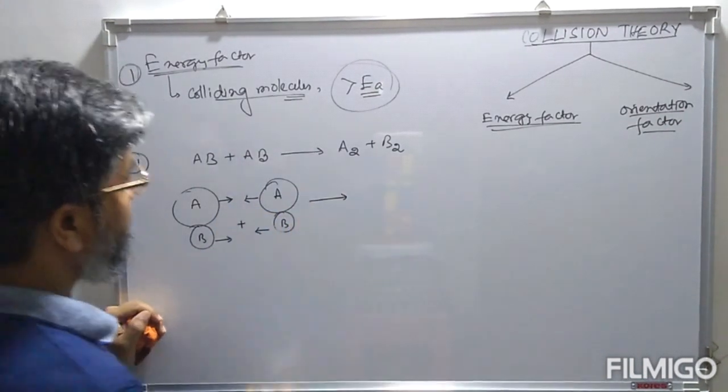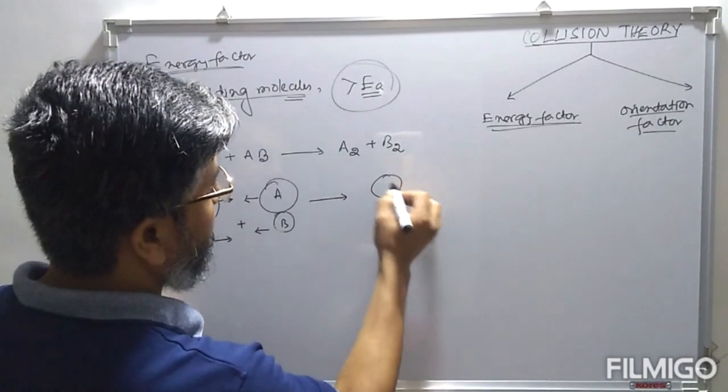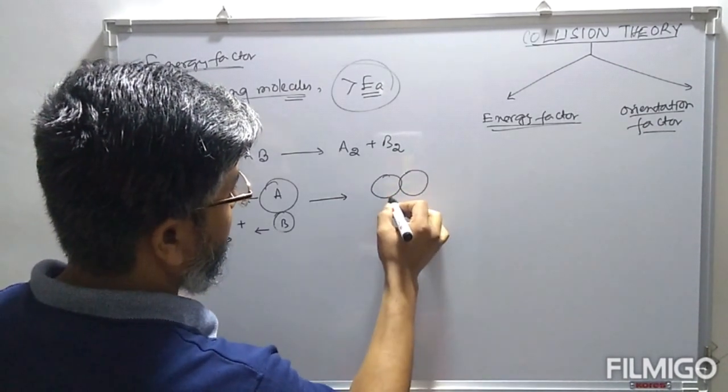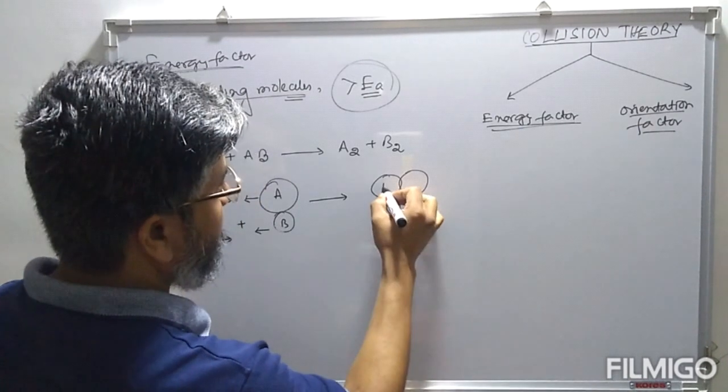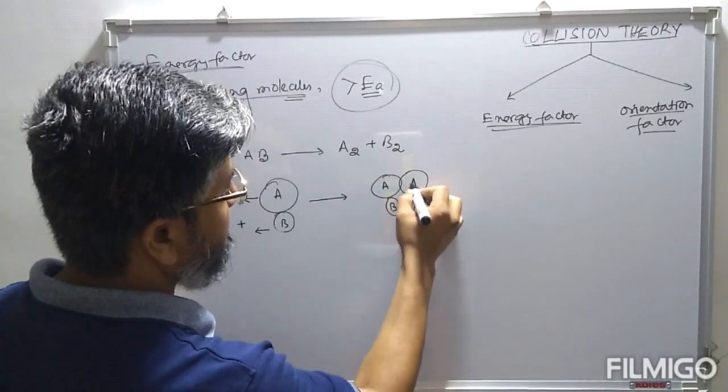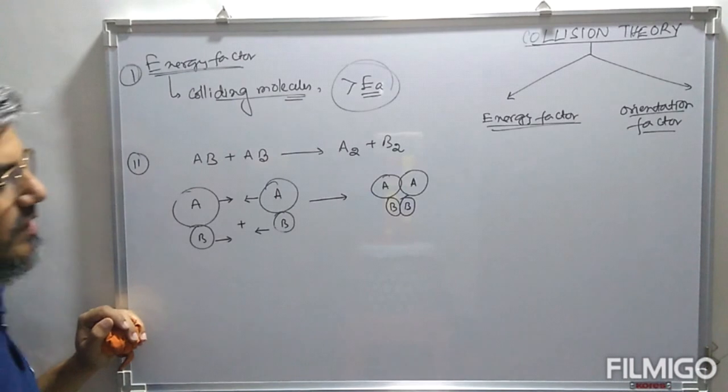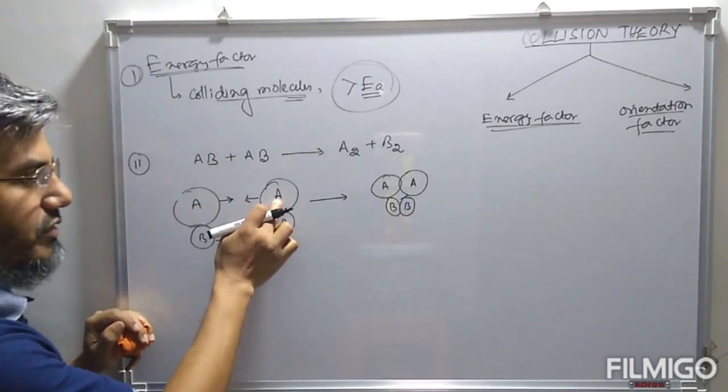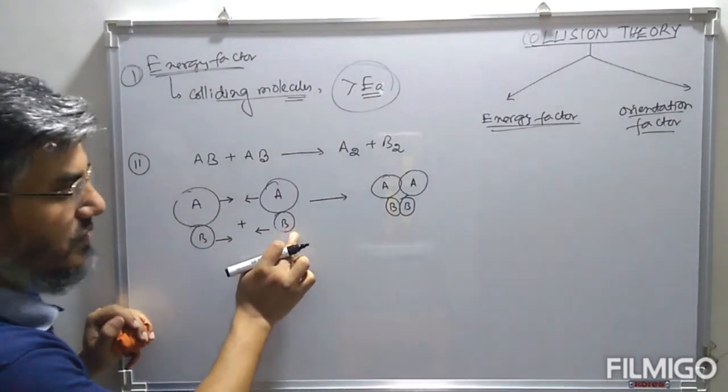Now during this collision, look at this, we have this. This is AB, this is A, B. Now A is undergoing collision, B is undergoing collision.